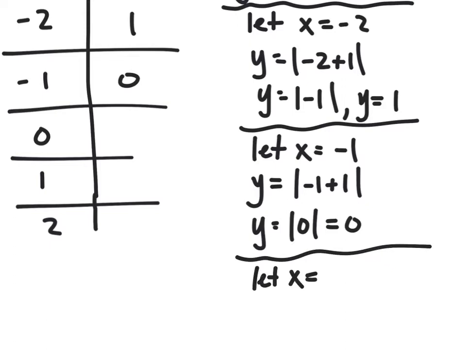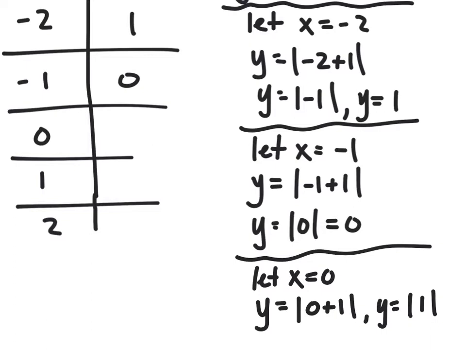So I've got y is equal to the absolute value of 0 plus 1. And that's going to give us that y equals the absolute value of 1. And the absolute value of 1 is just 1. Okay, so make whatever's inside positive. All right, so put 1 here. And then let's plug in 1.